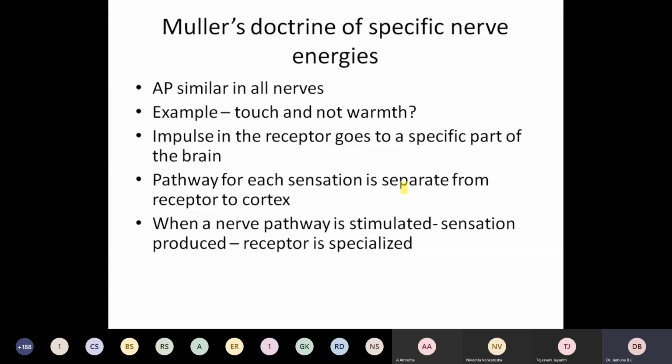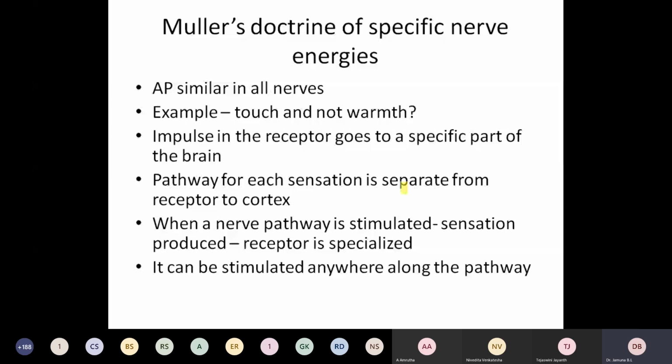So it is a property of a receptor, one of the important properties. Once a particular type of receptor gets stimulated, the neuronal path from the receptor to the cortex will carry only that type of sensation. So it can be stimulated anywhere along this pathway and it produces the same type of sensation. That is Muller's doctrine of specific nerve energy.